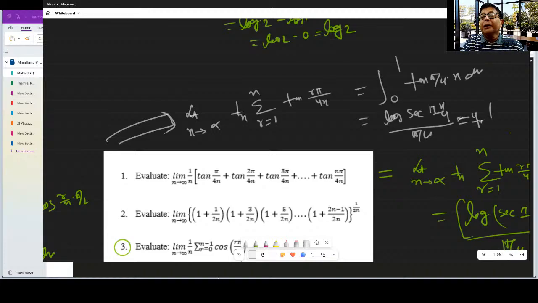So this is 4 by pi, 4 by pi, 0 to 1 sec pi x by 4 dx. Alright? Understood? Now just integrate and then put upper limit minus lower limit. It is done.